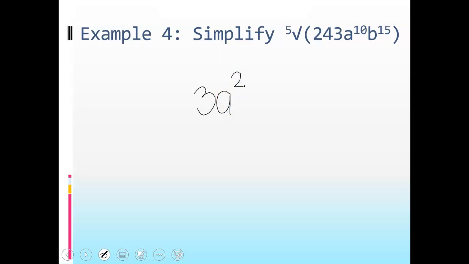I was so excited because you said a number I was thinking about, but you did the wrong thing to that number. 15 gets divided by 5, so b to the 15th in the 5th root becomes b.